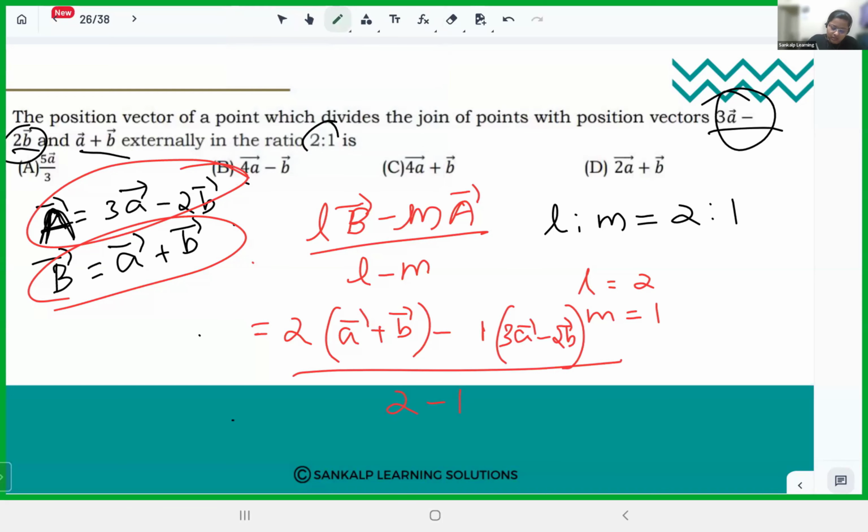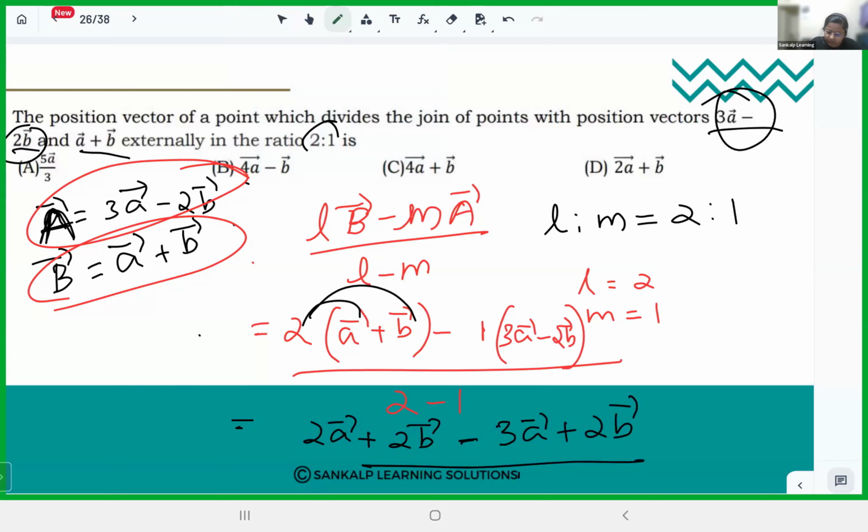You have to multiply each vector. So this will become 2A plus 2B minus 3A plus 2B, divided by 1.